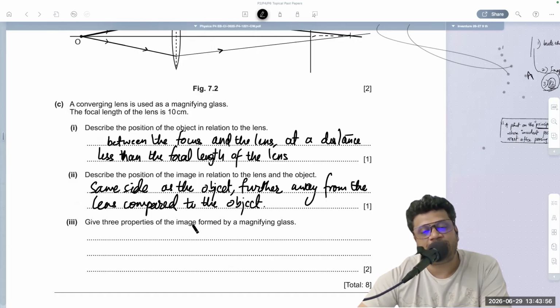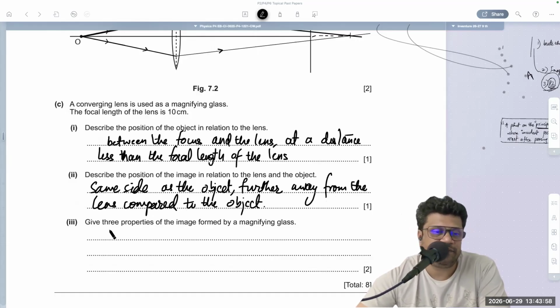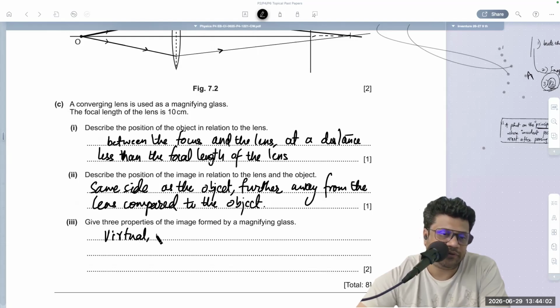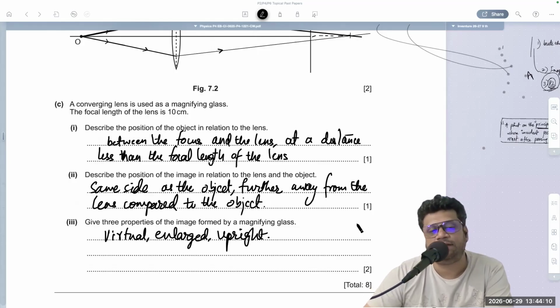Now, three properties of the image formed by a magnifying glass. They are supposed to be virtual, enlarged, and upright. These are the three properties that you want to put down.